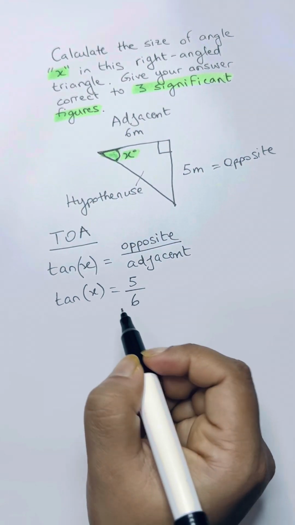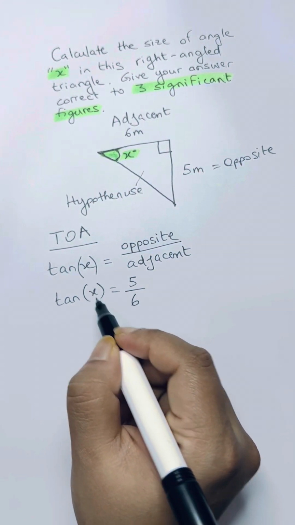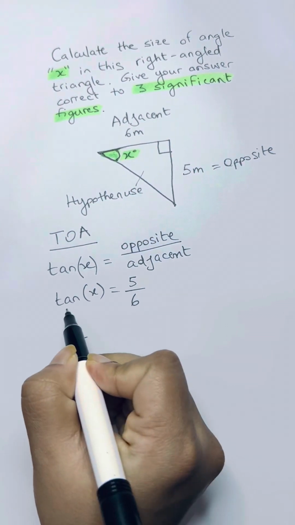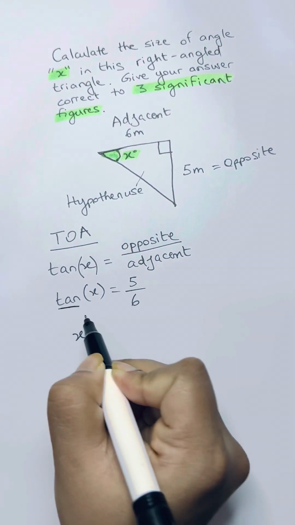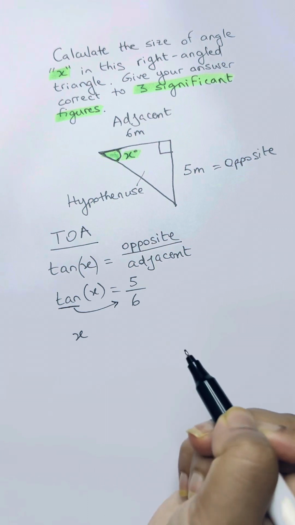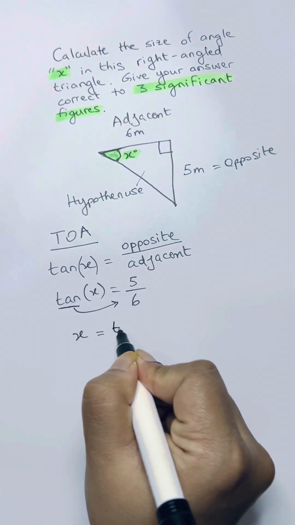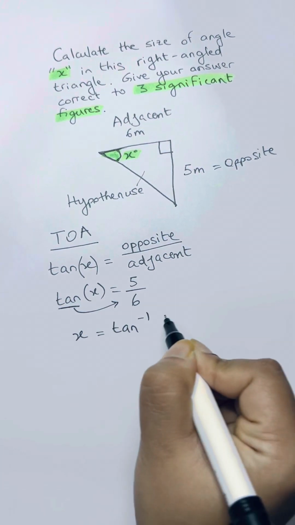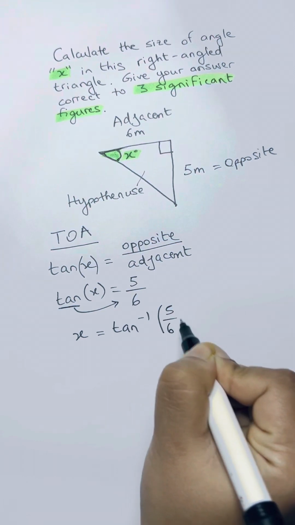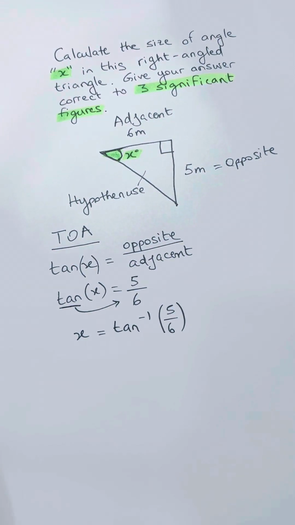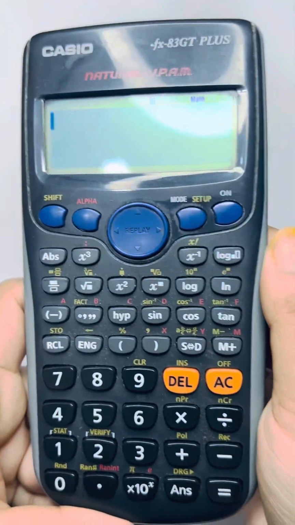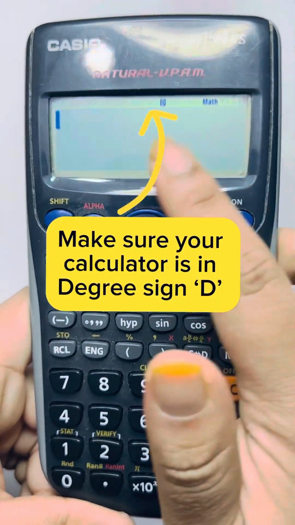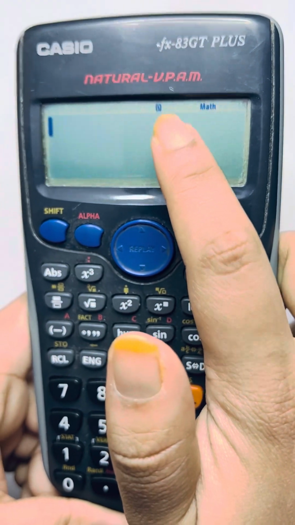Now, in order to find our x value here, the angle x, I need to get rid of this tan to the other side. And how do I do that? I need to do the tan inverse. You can simply use your calculator for this. You need to make sure that the calculator is in degree mode.